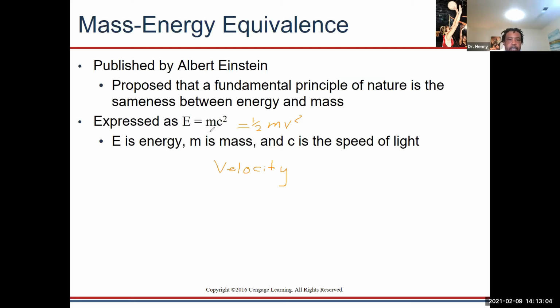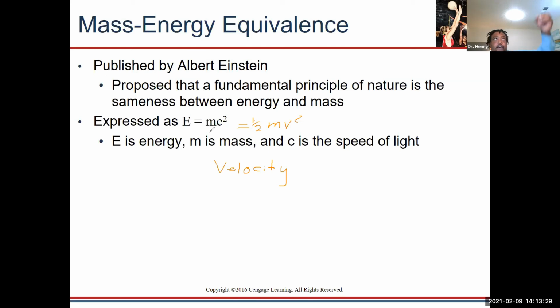So if I have a really light cup, but I throw it really fast, that's going to give me a lot of energy. Or if I have a really heavy cup and a medium speed, and I throw it, that's also going to give me a lot of energy. So there's a proportionality associated with that energy, which deals with the velocity and also the mass.